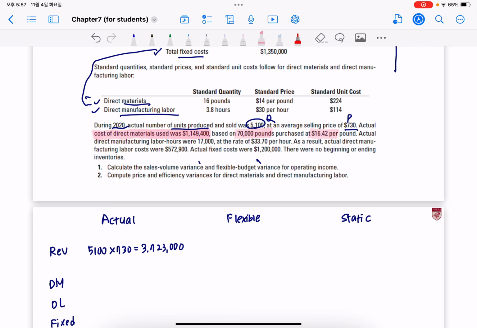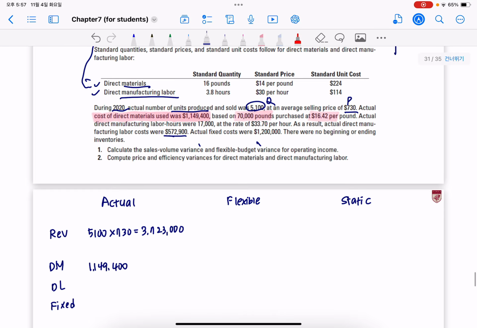Okay. So we can bring this actual number right here. The same for the direct labor cost, which is right here, 572,900. Okay, and the actual fixed cost is 1.2 million.